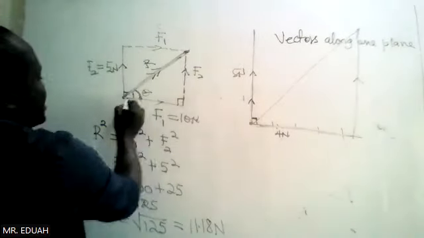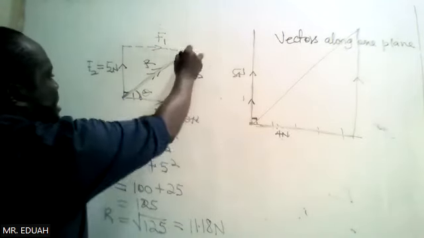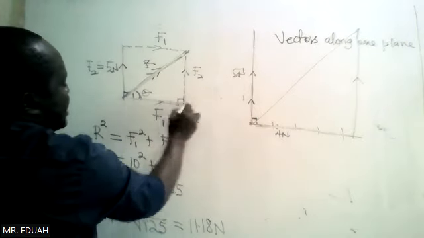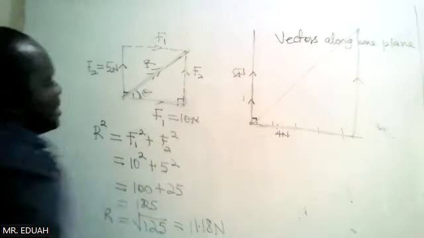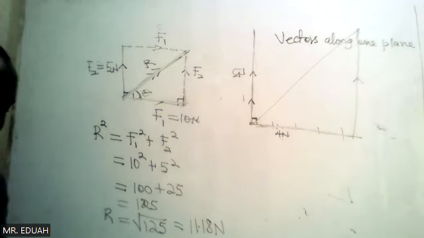Now, so we have this right angle triangle. This is the opposite, this is the adjacent, and you have the hypotenuse, which is the resultant. Here, because you have all the sides of the right angle triangle, you can use any of the trig ratios, cosine, sine, or tangent to find the direction.